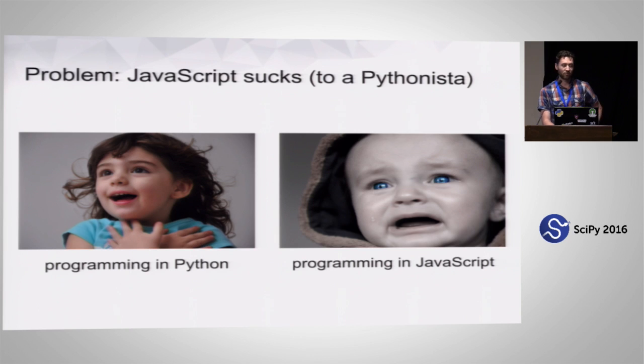I might be exaggerating a bit here, but the point remains that most scientists just want to get things done, and they're happy that they know one language which they can use to do their analysis, and they're reluctant to learn another language to do their publishing, especially if that language is JavaScript.